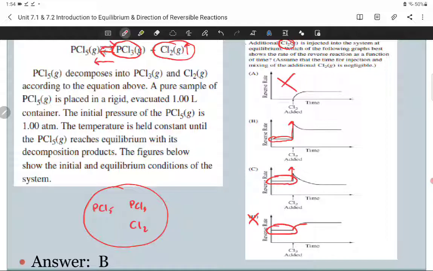Now, if you add Cl2, is it going to come back to equilibrium at a higher spot than it was before, or a lower spot? And I like to kind of think about this in terms of a bathtub. It doesn't have to be a bathtub, just any body of water.